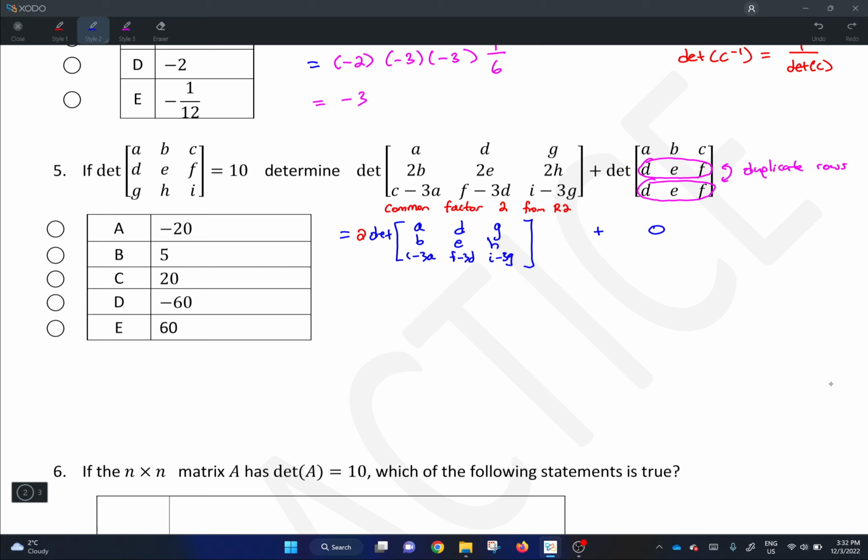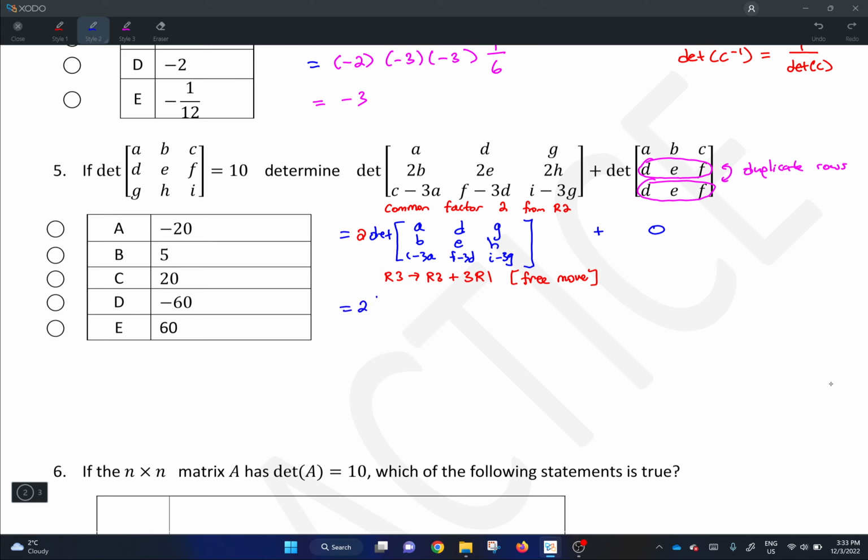Okay, the next step is I'm going to add 3 row 1 to row 3. So I'm going to take row 3 and replace it by row 3 plus 3 row 1. And this is a free move. There's no cost to the determinant.